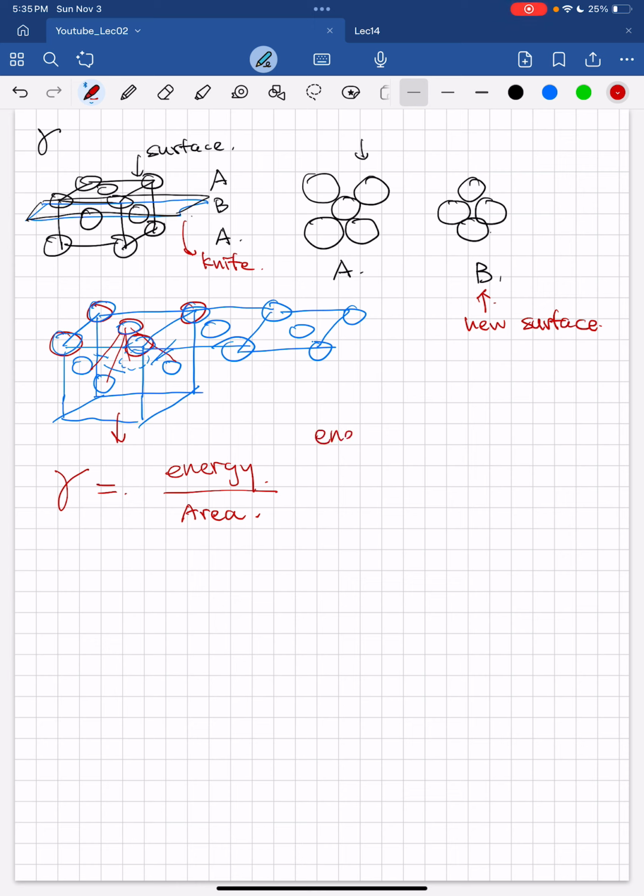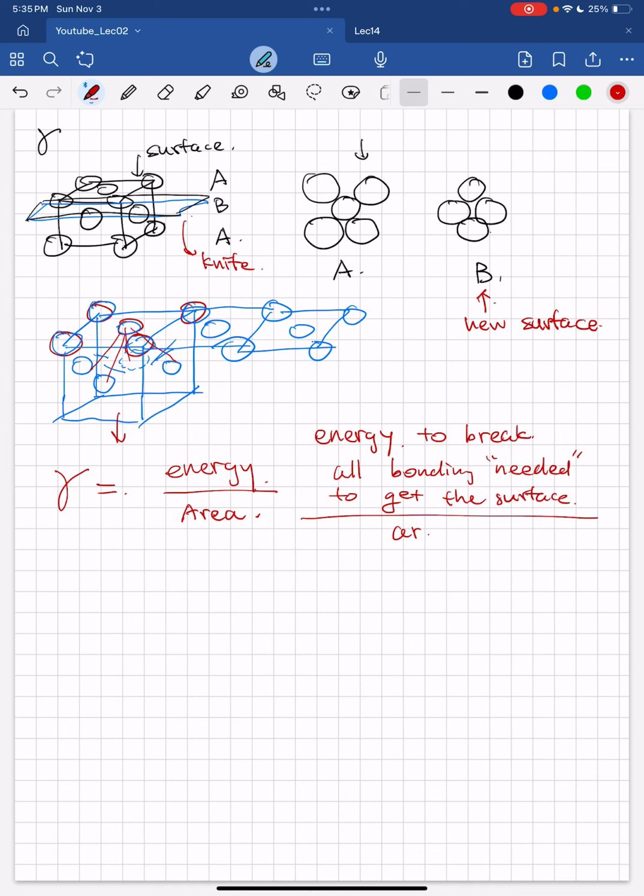Then the energy it takes to break all the bondings needed to get the surface, normalized by area. So we just need to get this and the area, and this is easy because you can calculate the area like A0, right? But how are we going to get this part, right?